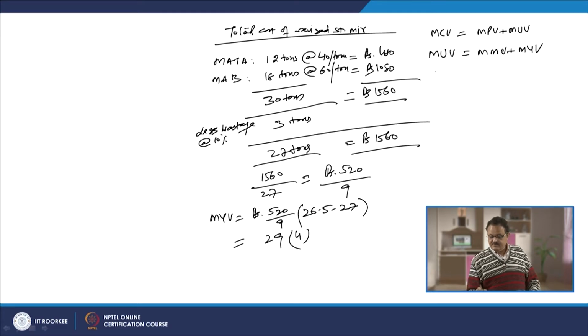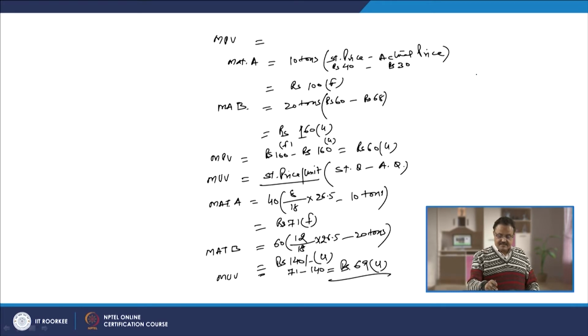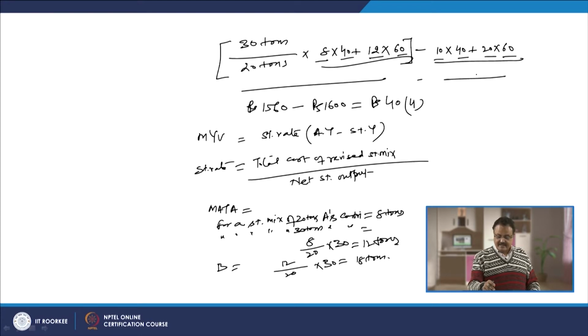Material cost variance is 129 unfavorable, and what was the material price variance? We calculated 60 unfavorable, and what was the material usage variance? 69 unfavorable.